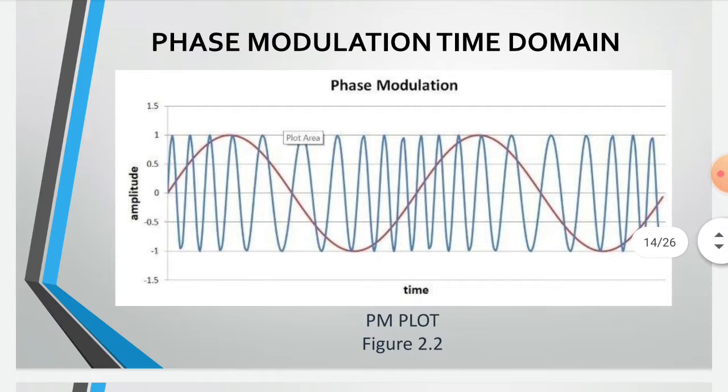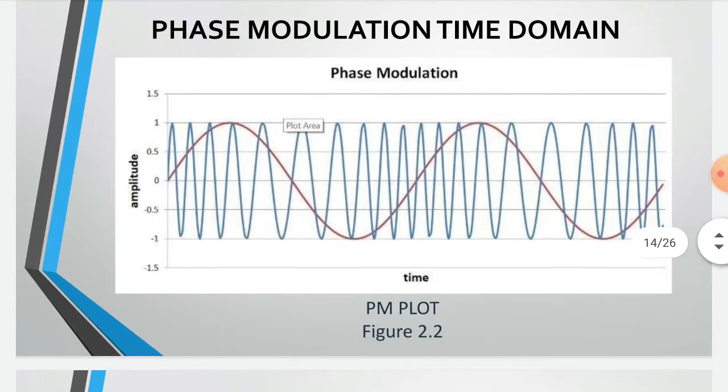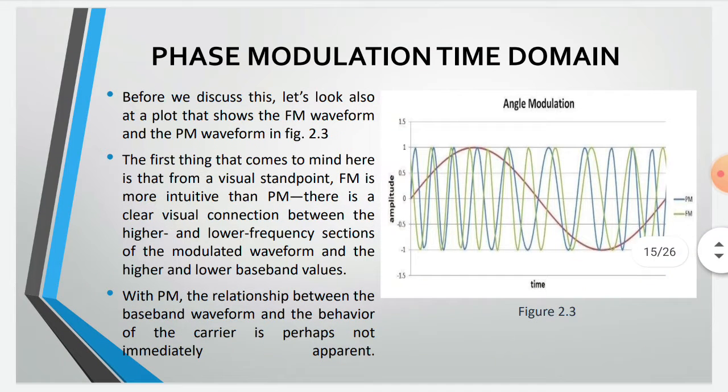Here is the phase modulation time domain, phase modulation time versus amplitude, the PM plot, figure 2.2. Before we discuss this, let's look also at a plot that shows the FM waveform and the PM waveform in figure 2.3.